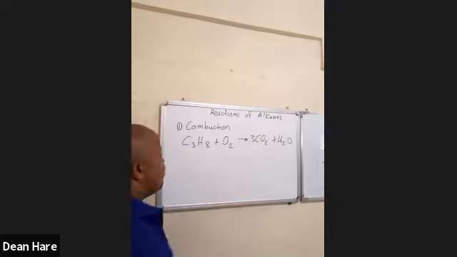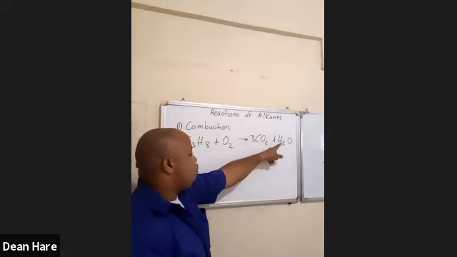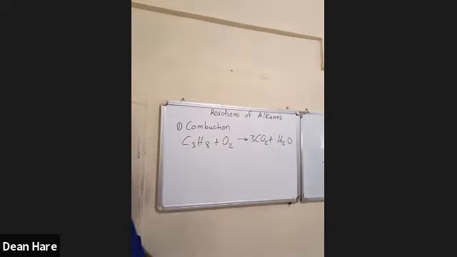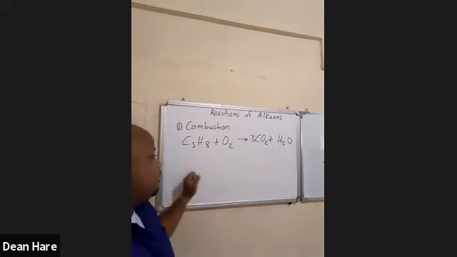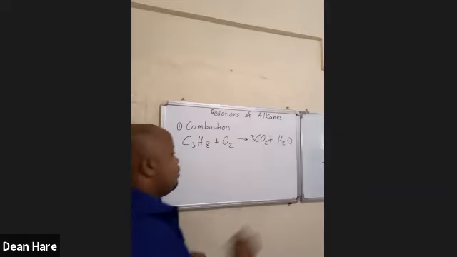Over here we have 3 carbons, so we simply put 3 carbons there, and 8 hydrogens. How many hydrogens do we need over here? So you should have 4 in front of the water. That is correct.